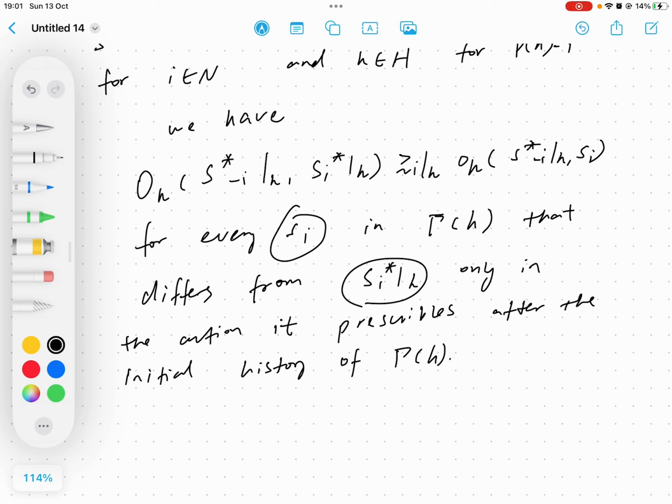Okay, so why is it true? Why is it saying that this strategy Si that differs from this Si star only in the action it prescribes after the initial history of the gamma h, right?